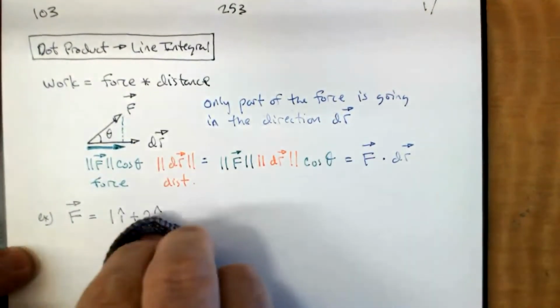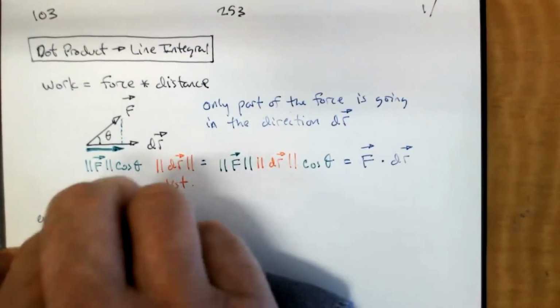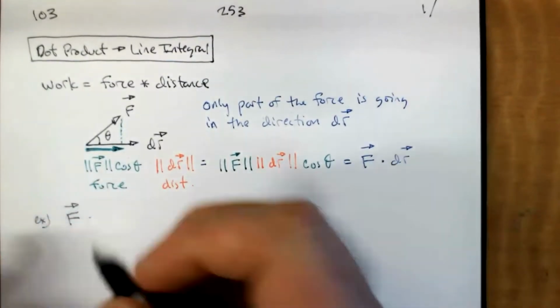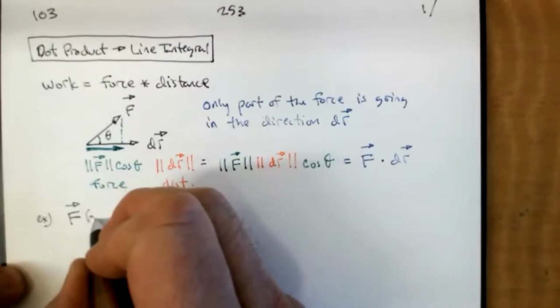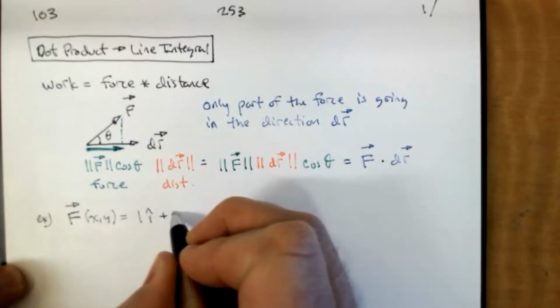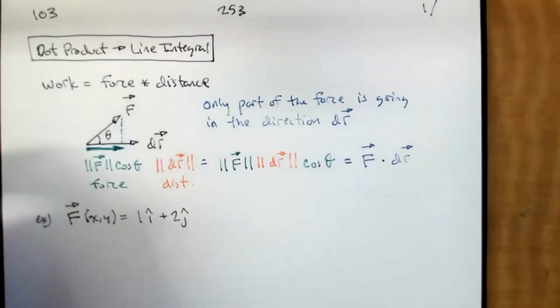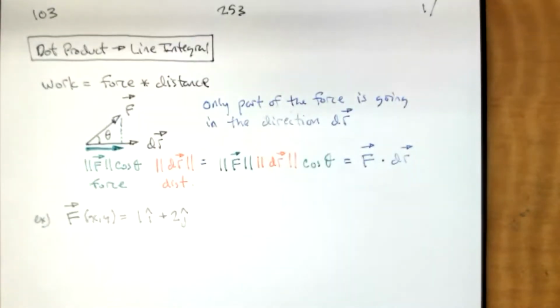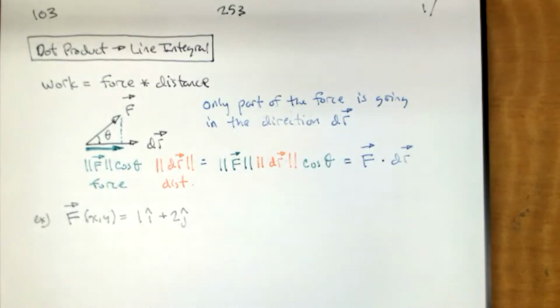Let's make sure that we're doing this in a, well, I just made it clear. So let's suppose this is our force, 1i plus 2j.